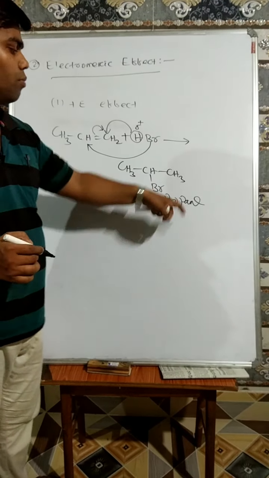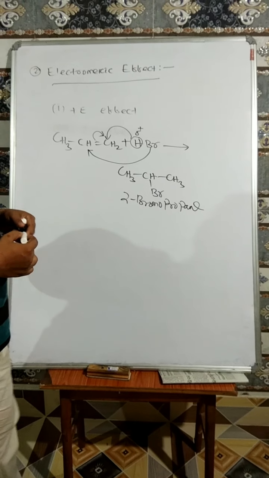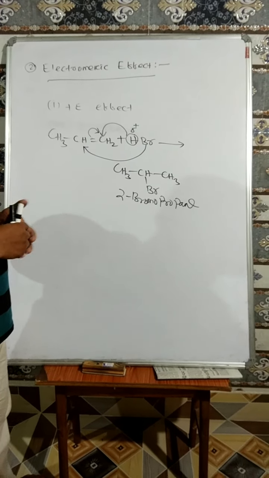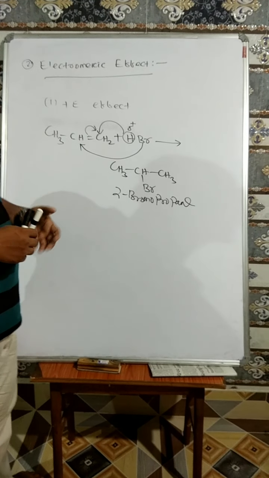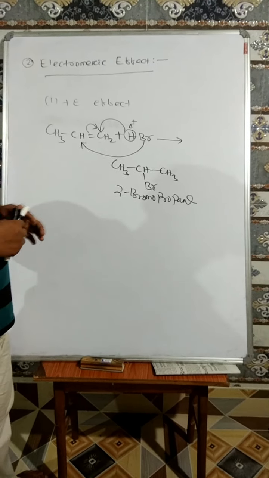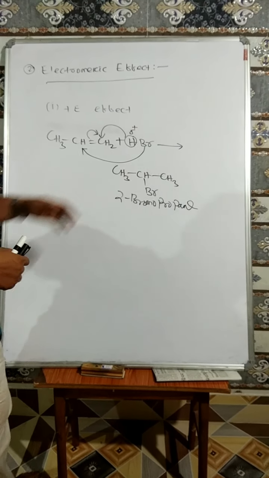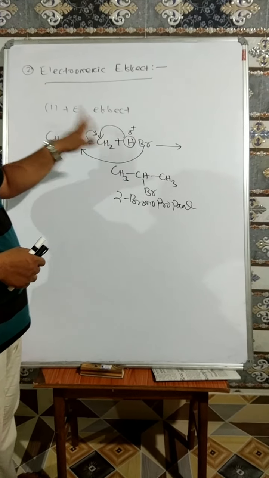So we get 2-bromopropane, and the electrophilic addition mechanism for this alkene follows the plus E effect. The positive electromeric effect is involved in its mechanism, because the electrophile H plus ion attacks first.